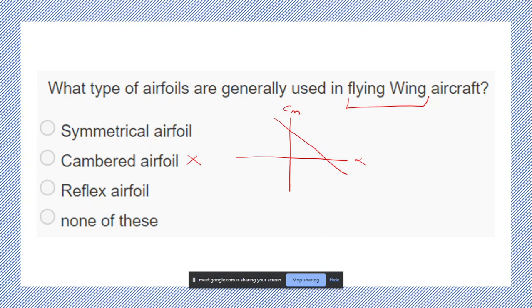See, we require the properties of a cambered airfoil. We want it to have lift even at zero angle of attack. But a cambered airfoil does not have the stability aspect. So what airfoil does both of that? Symmetrical is, yes.